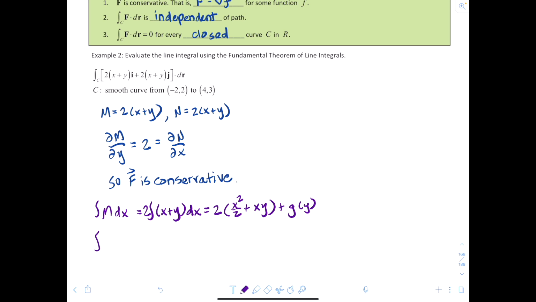And our integral of n dy, similarly, will be equal to 2 times the integral of x plus y with respect to y, 2 times xy plus y squared over 2 plus some h of x.